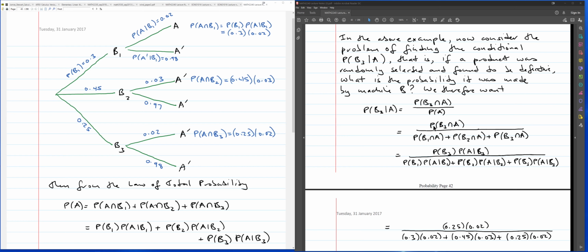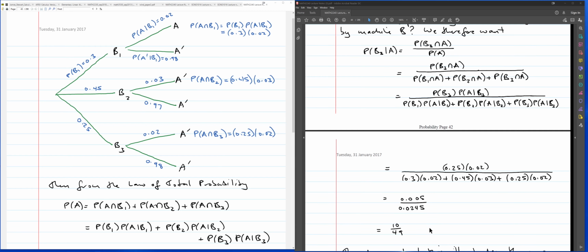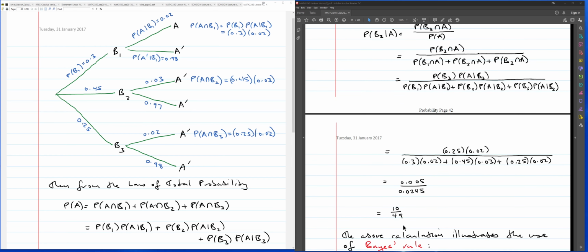So we're working out the top now. The top is really just the product of these two edges: this is the probability of B3 and this is the probability of A given B3. For the top, this is the 0.25 times the 0.02. The bottom is the sum of your three products. And your required conditional probability, you just work it out numerically and you'll get your answer, which is 10 on 49.